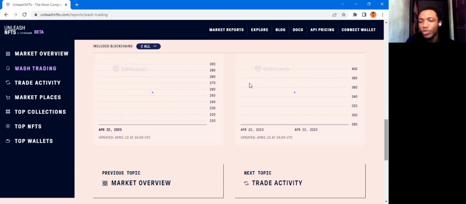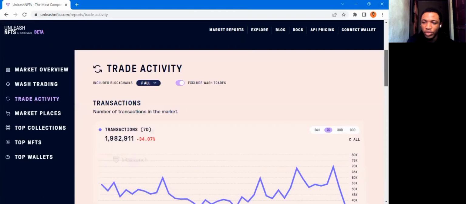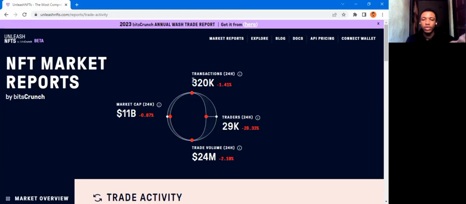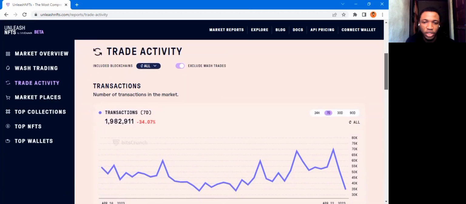Next we're going to go over to the trade activity in the NFT markets. And as usual, we have to scroll down a little bit because this is the one static thing on each of these pages. This does not change. This displays an overview of what the market is looking like right now. So we always have to scroll down to see the graphs for all of these categories.